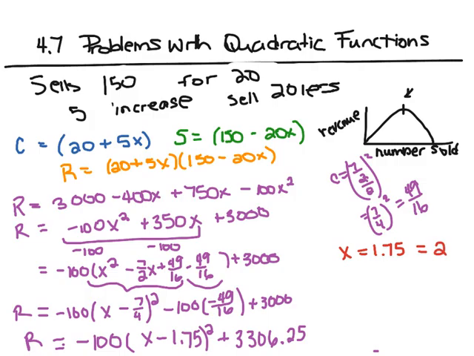We're going to substitute the 2 in for our cost to see how much you're paying for it. So C will equal 20 plus 5 times 2. 5 times 2 is 10, plus 20 is 30.